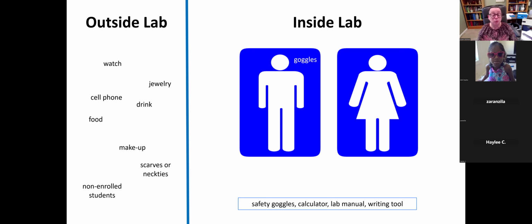It is full. We don't have room for anyone else. That's why our enrollment is capped where it is. It's for safety reasons. So please don't bring friends. Tell them they can go wait outside in the Science Learning Center or have a snack in the vending room. But yeah, please don't bring friends. That's one that everybody forgot to include.